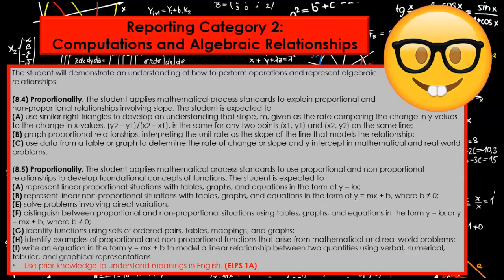We look at what makes certain situations proportional or not. We're talking about functions, and y is equal to mx plus b is our slope-intercept form. So 8.4 and 8.5 cover lots of material, and we're going to spend several days reviewing those things.